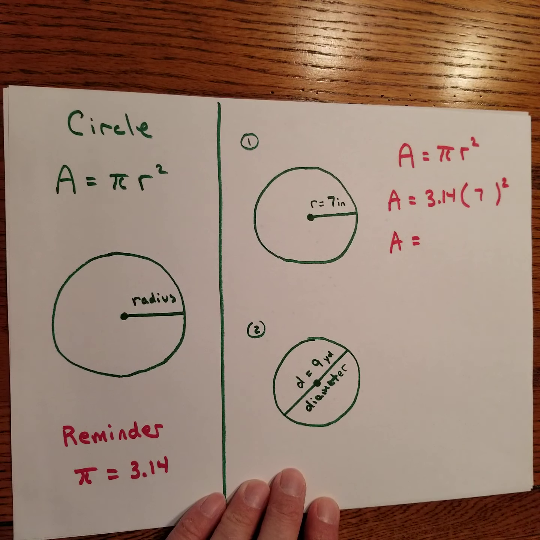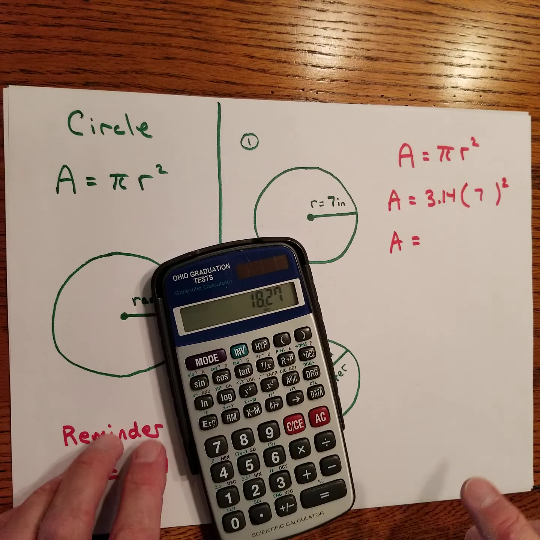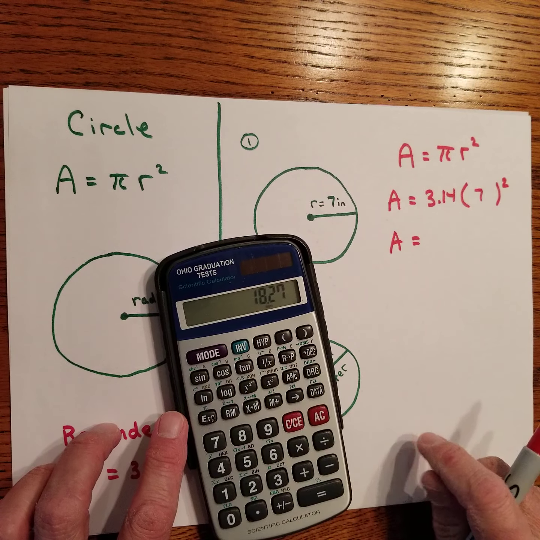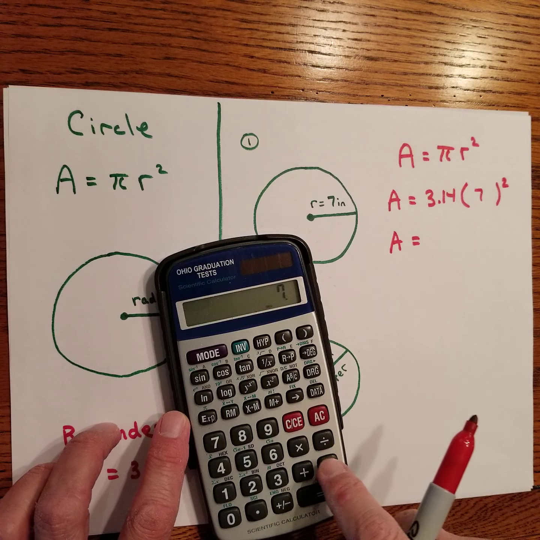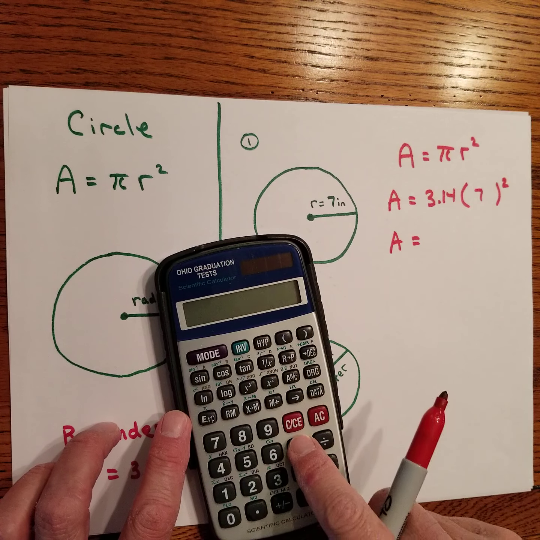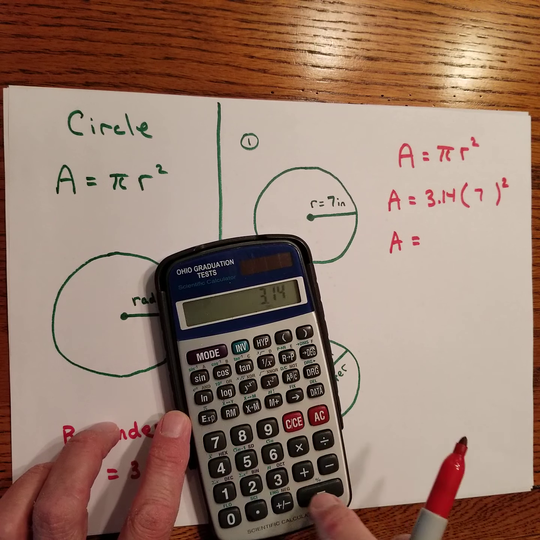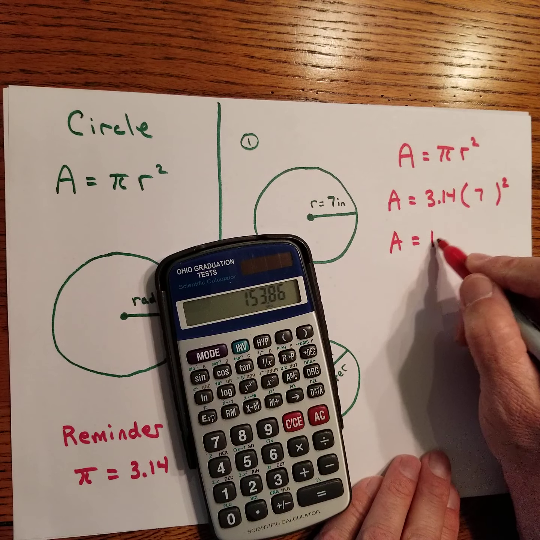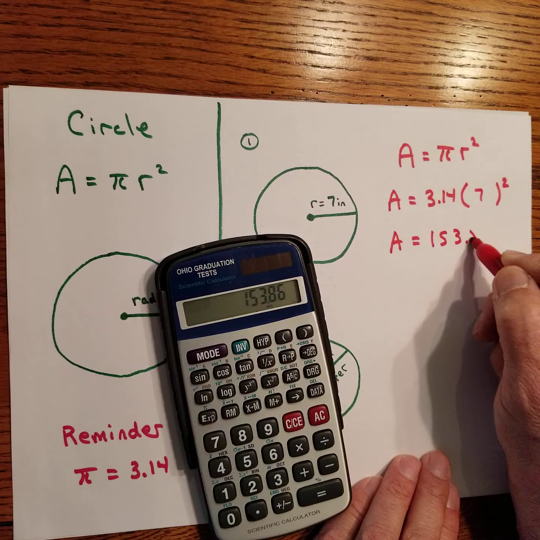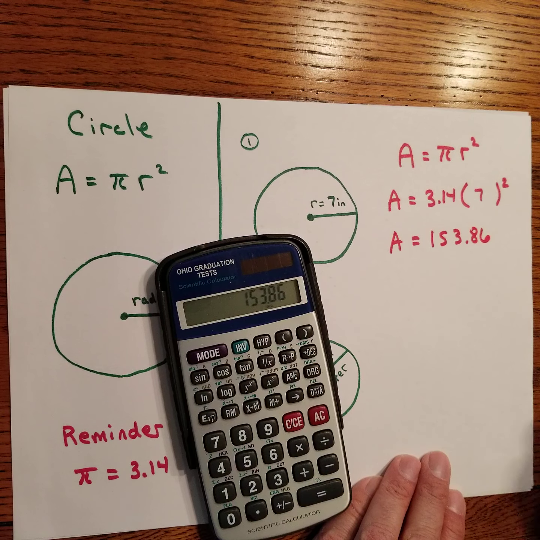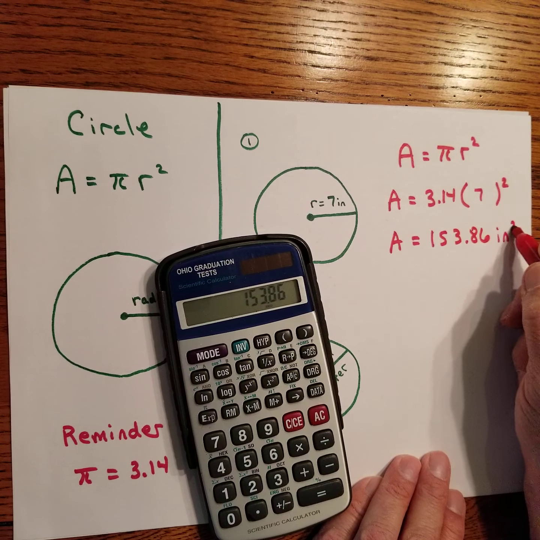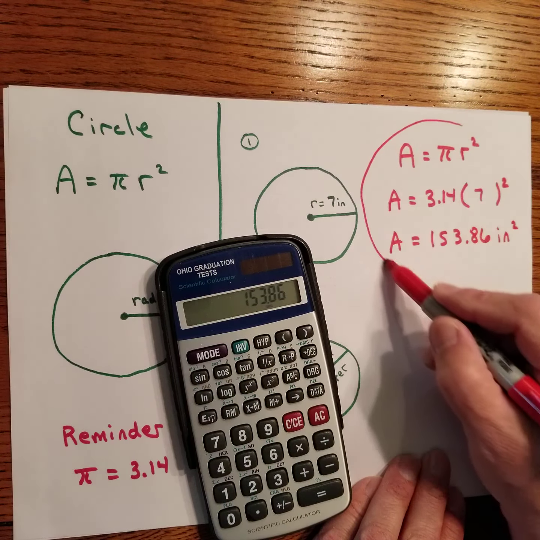The 7 is squared. 7 times 7 times 3.14 is 153.86. That's square inches. Great.